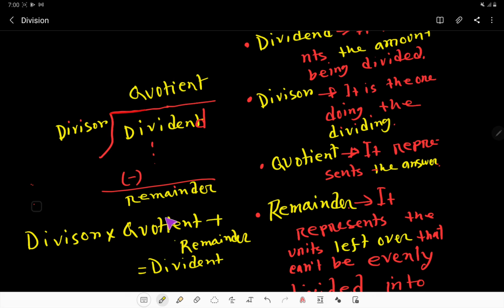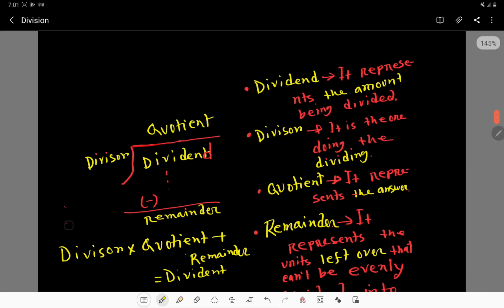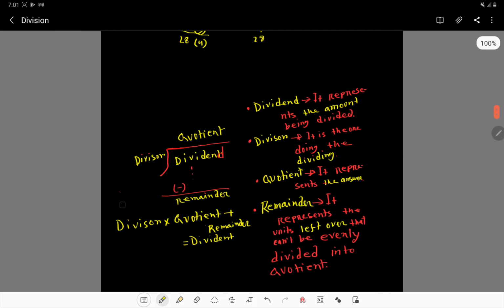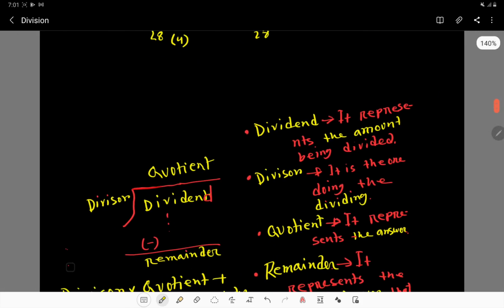So what do we mean by dividend? It represents the amount being divided. And what do we mean by divisor? Divisor means it is the one doing the dividing.